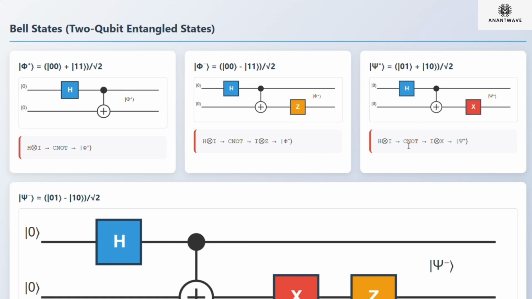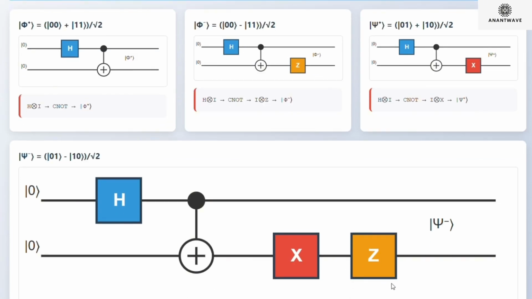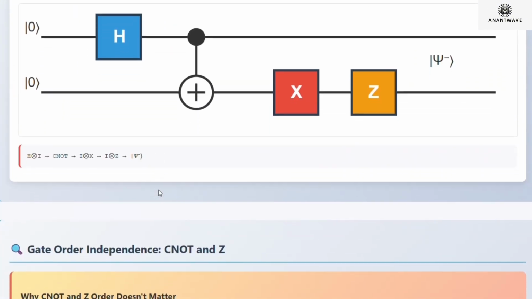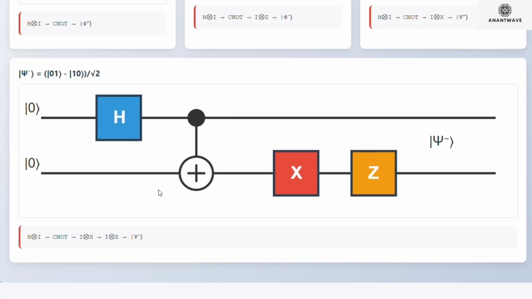And then we add the X gate for the bit flip of psi plus. Same as what we did from phi plus to phi minus, here also we'll add the Z gate to flip from psi plus to psi minus. Remember, CNOT creates the entanglement. Additional gates modify the phase and bit relationships.